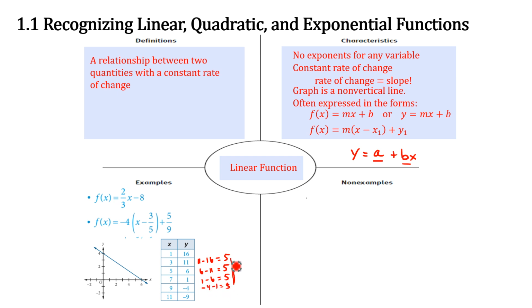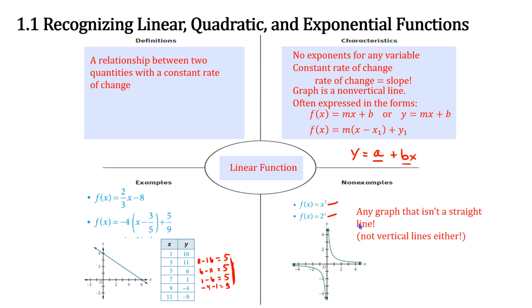This is constant. That's a linear. If the change is constant, it's linear. Non-examples: this is a quadratic, this is an exponential. That graph is obviously something that isn't a straight line, not vertical lines either.